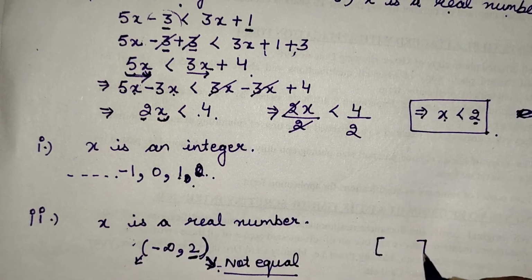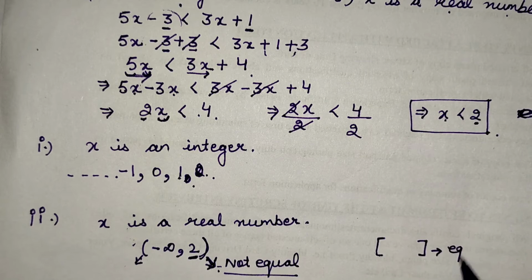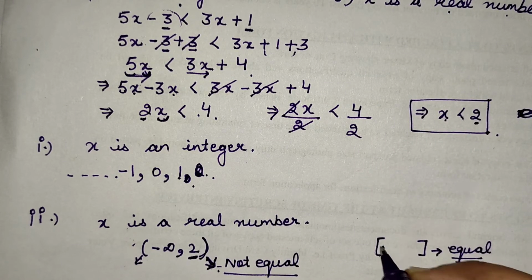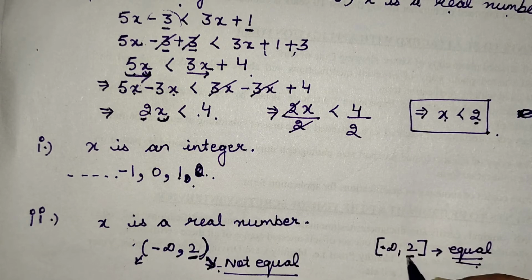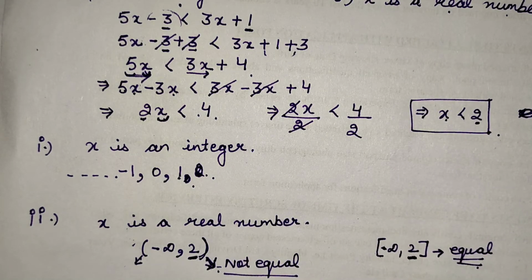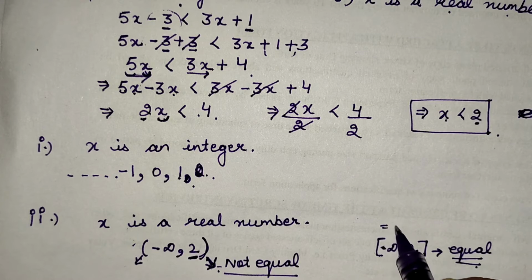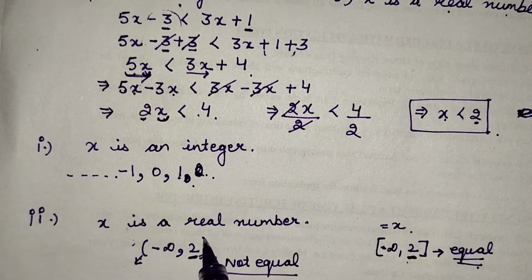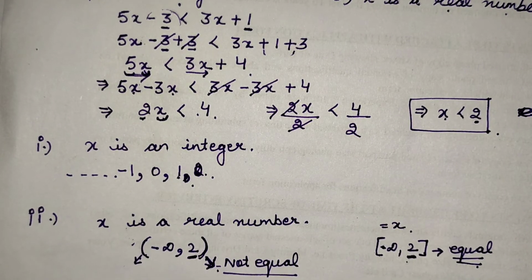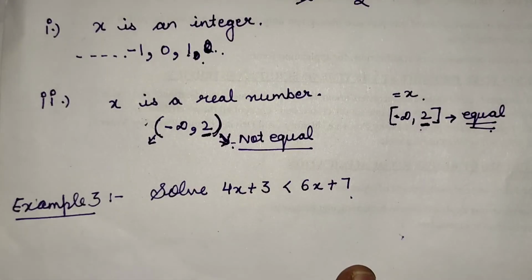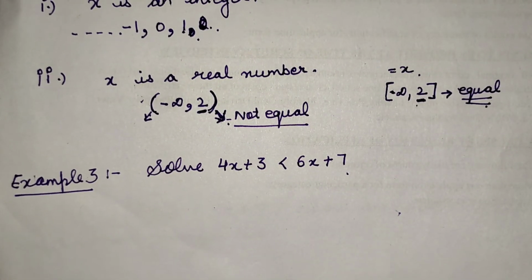If we use square brackets, that means that value is also included. If I were talking about -infinity to 2 with a square bracket, that would mean 2 is also included as a value of x. So remember these two brackets. Okay, coming to the next, third question.